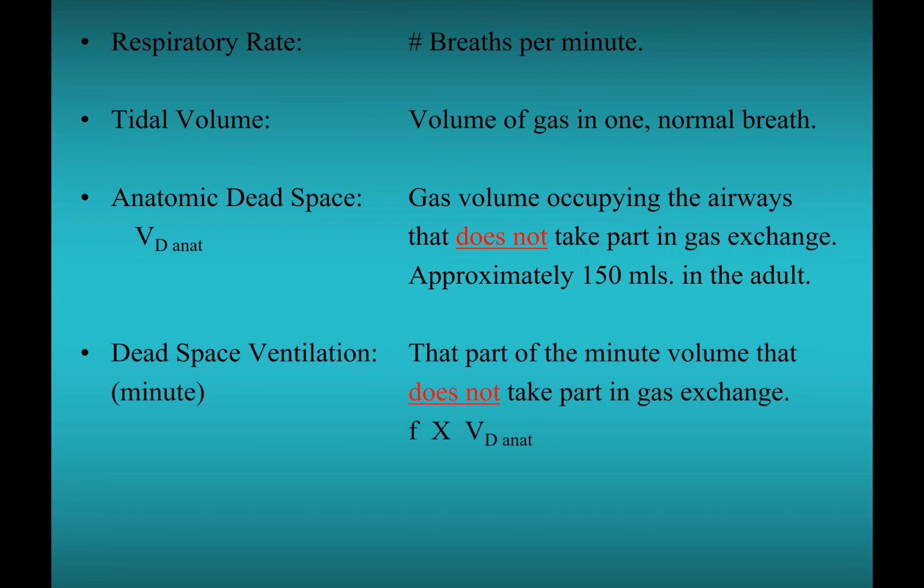Dead space ventilation is another part that does not take place in gas exchange, okay? So we take the part of the minute volume and look at the respiratory rate. The equation for dead space ventilation within a minute is respiratory rate times tidal volume and anatomic dead space, okay?